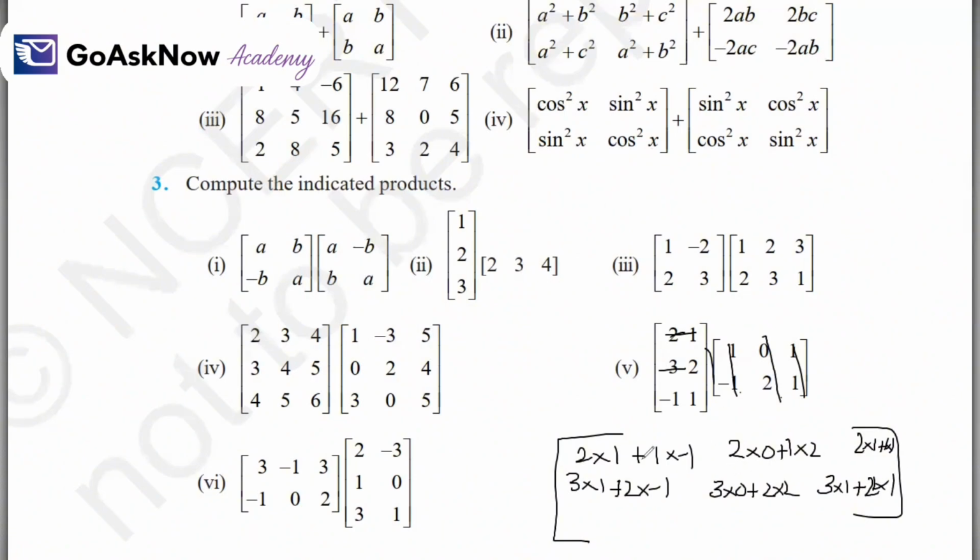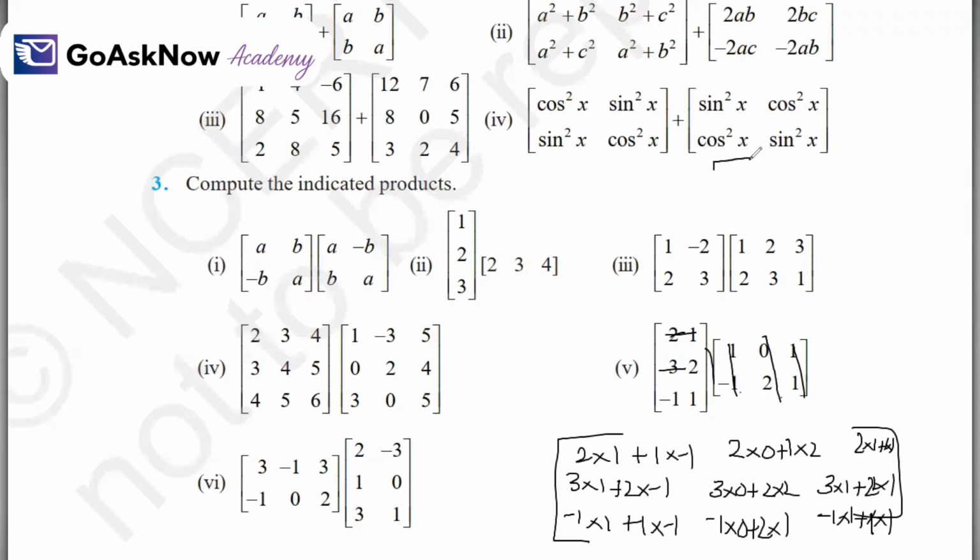Okay. Minus 1 into 1 plus 1 into minus 1. Minus 1 into 0 plus 2 into 1. Minus 1 into 1 plus 1 into 1. Okay. So these are the elements you are getting here.